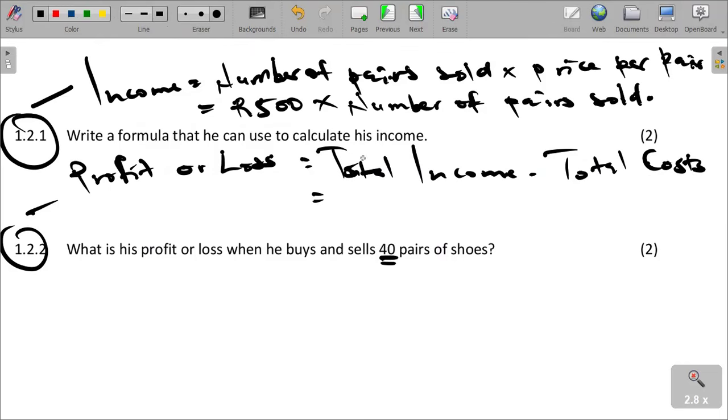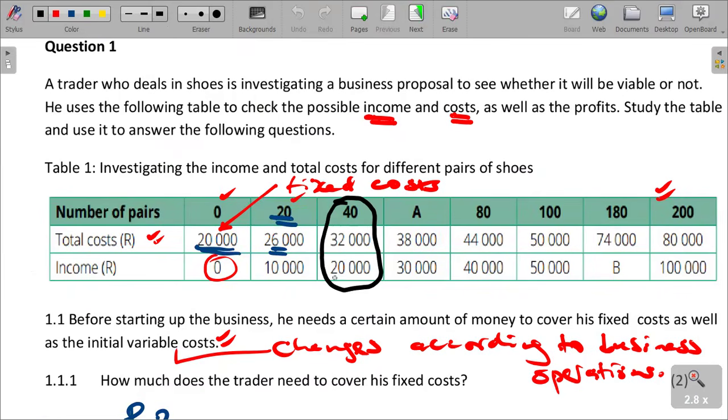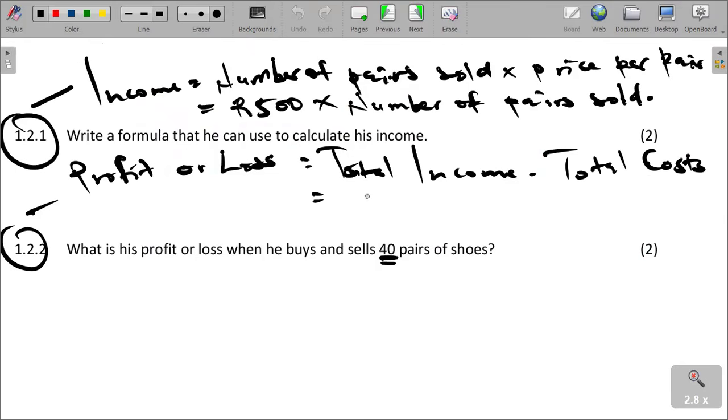Total income at 40 pairs is 20,000. Our cost is 32,000. So total income, 20,000, minus 32,000. That is how we get that.